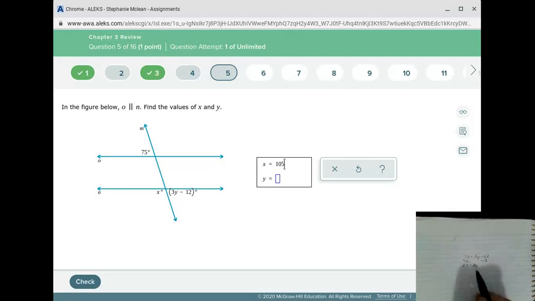Now, to isolate y, I need to divide by 3, because this is really multiplication, and we need to do the opposite. So 87 divided by 3 is 29, okay? So 29 equals y.